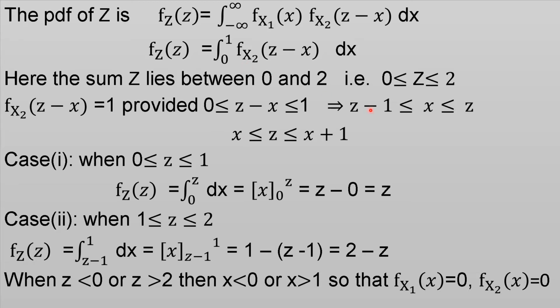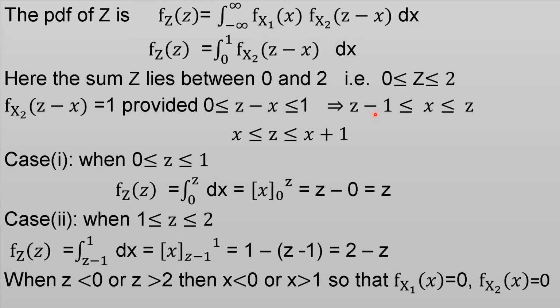Now z is greater than or equal to 0 and less than or equal to 1. So when z lies between 0 and 1, this z minus 1 will lie between minus 1 and 0. When z is 0, z minus 1 will be minus 1. When z is 1, z minus 1 will be 0. So this z minus 1, the lower bound of x, will lie between minus 1 and 0.